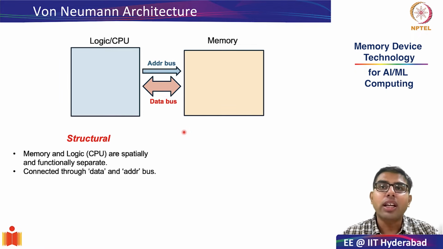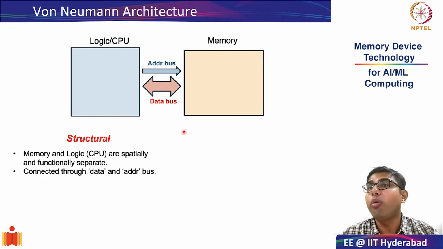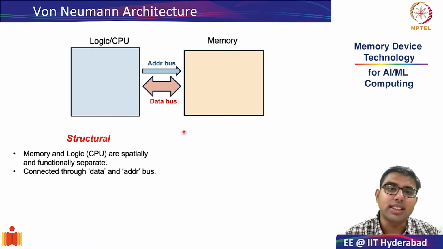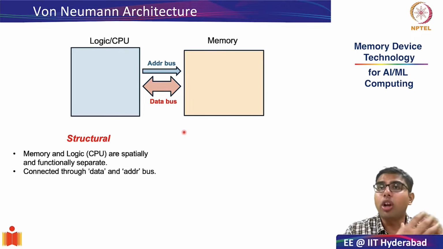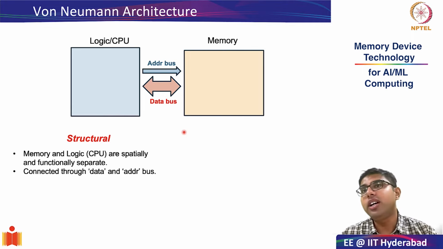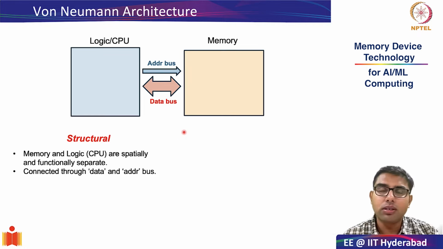Let us look at the structural components of the von Neumann architecture first. As you can see, structurally, the von Neumann architecture is very simple. It consists of two main entities. One is the logic or CPU element and another is the memory element.